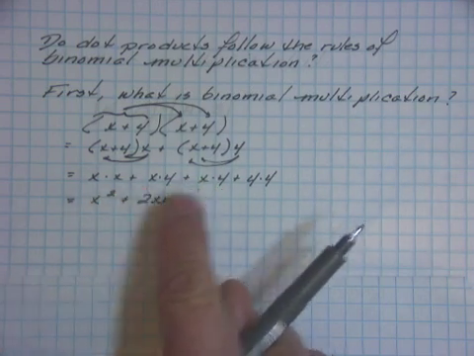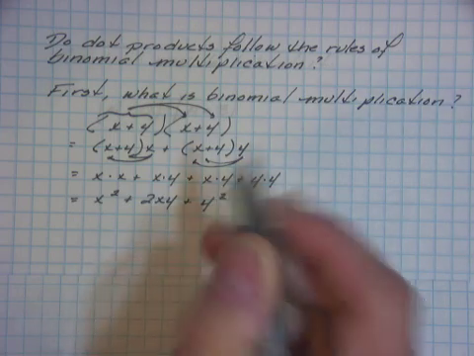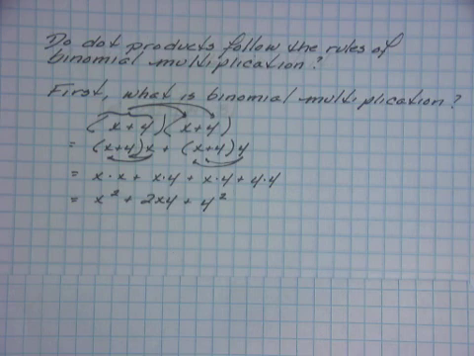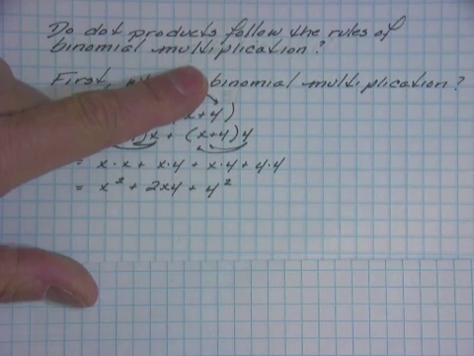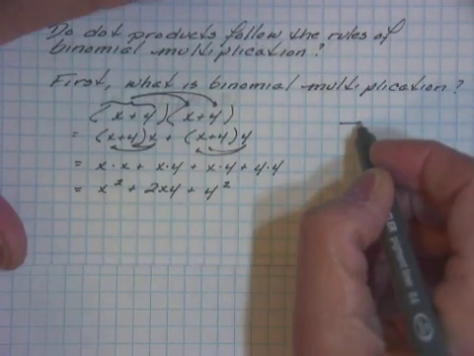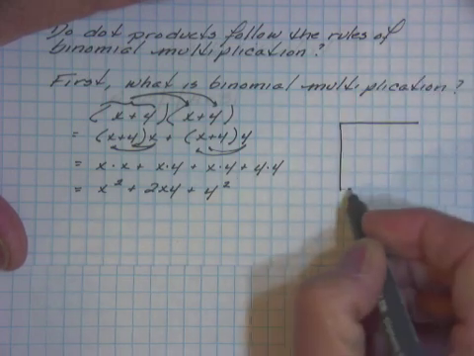And if I reduce this down, that gives me x squared plus 2xy, see, there are 2 xy terms in addition, plus y squared. Now, I know some of you do know binomial multiplication and you're aware of the FOIL method. Don't worry, you're going to get a lot of practice in binomial multiplication next year. But I had to show you this so we could actually answer this question.